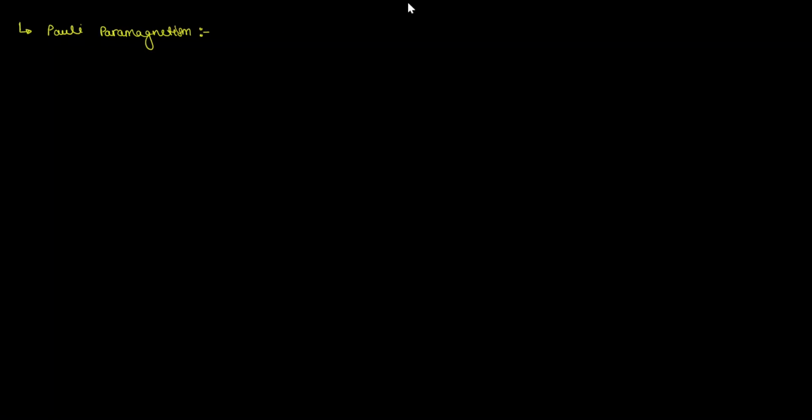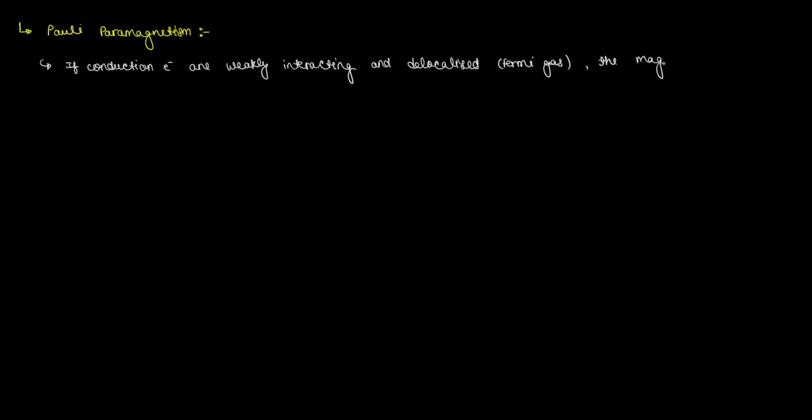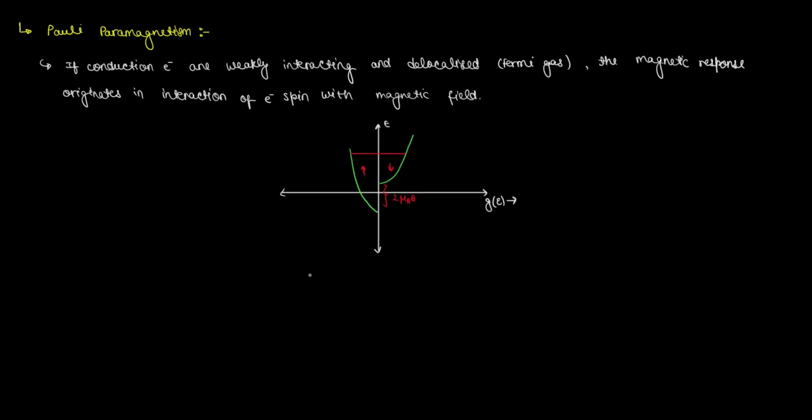In the previous video, we have seen the origin of Pauli paramagnetism, which arises when the conduction electrons are weakly interacting and delocalized to form the Fermi gas, and the magnetic response originates in the interaction of spins with the magnetic field, resulting in Zeeman splitting in the presence of magnetic field.